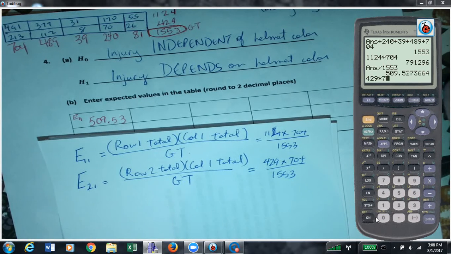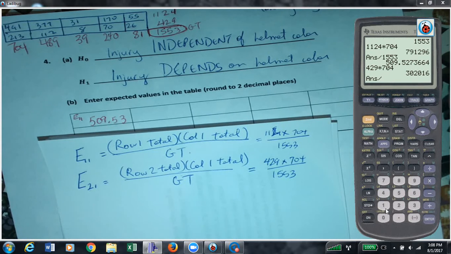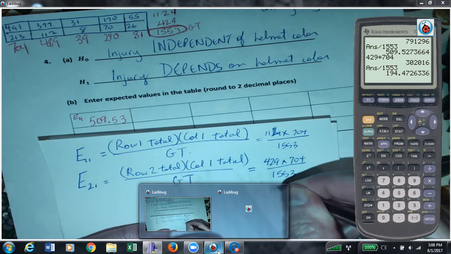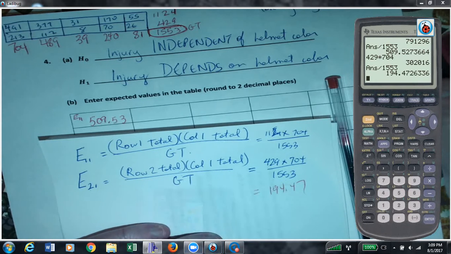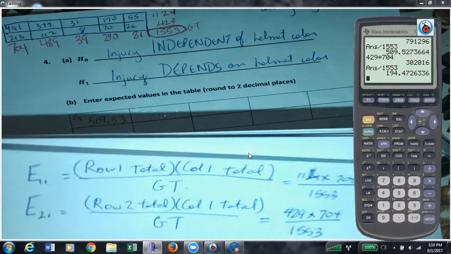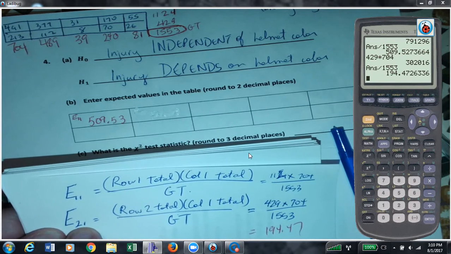To 2 decimal places, that's 194.47. Notice it's row first, column second.